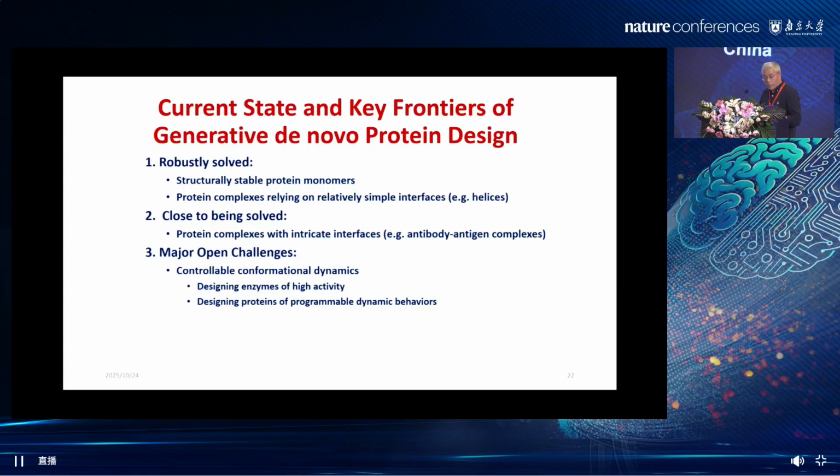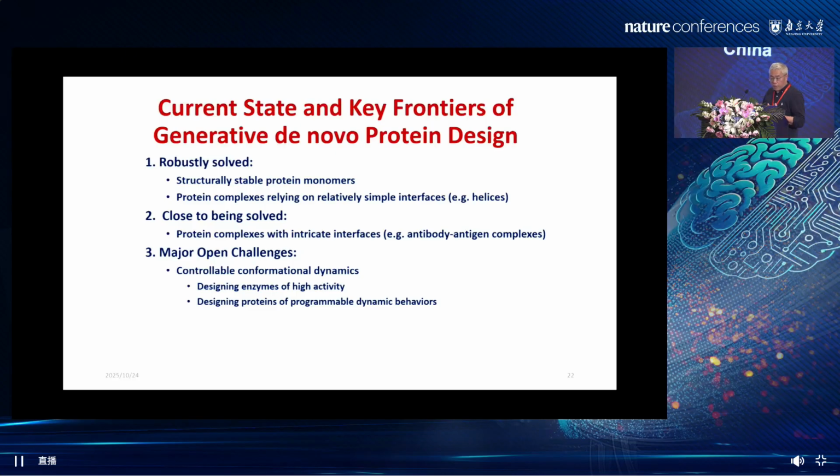So my last slide, the current state and key frontiers of generative de novo protein design. I think the problem of designing structurally stable protein monomers and also protein complexes relying on relatively simple interfaces such as helices could be considered robustly solved. And we see a lot of talks about closing in on protein complexes with intricate interfaces such as antibody-antigen complexes.